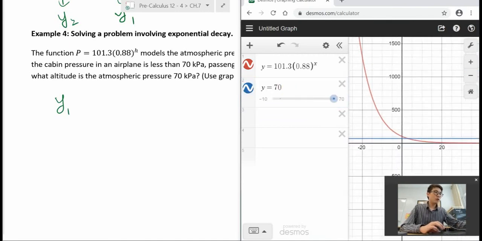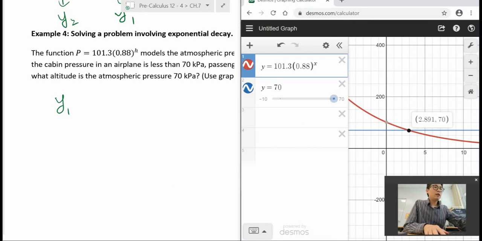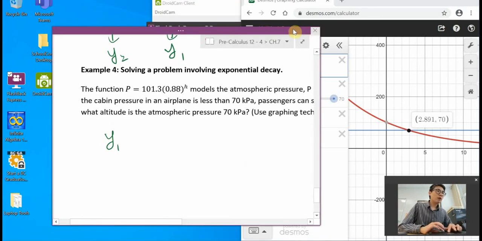We now just need to zoom in and double click that point. There you see, at what altitude? It's going to be at 2.89. What's the unit here? I don't think it's meters. I'm thinking kilometers.